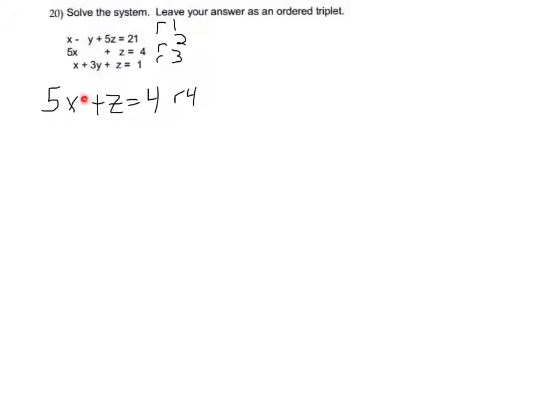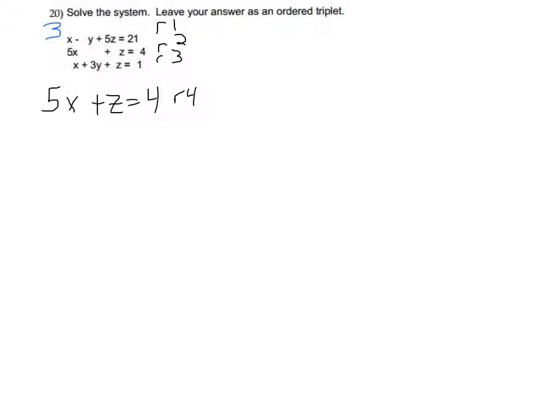Well, to make another one of these, we have to make one without a y, which means we have to take these two with y's and somehow eliminate a y. And I can see that if I multiply this top one by 3, I would get a minus 3y right there, and a plus 3y.